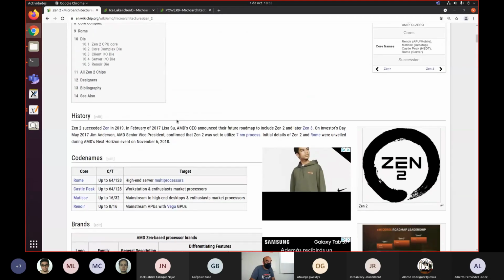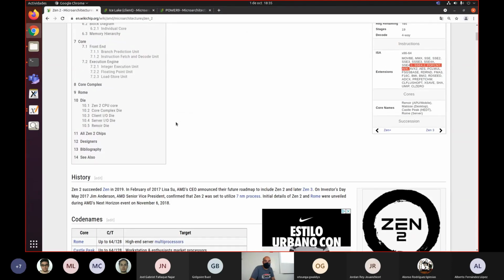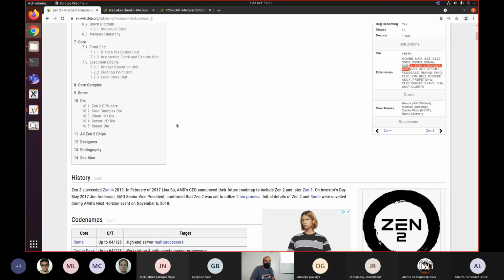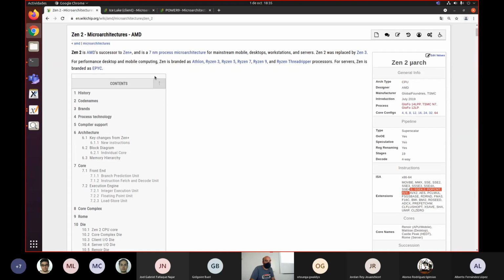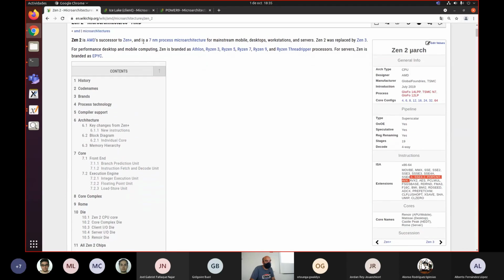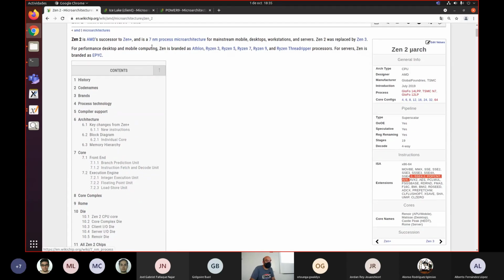The number that they give you is the distance between a pair of transistors. I believe this one is 10 nanometers. No, it is 7 nanometers.